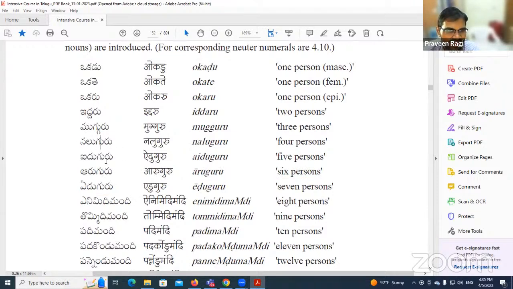Mugguru, Naluguru, Aiduguru, Arguru, Yeduguru. So Moodu becomes Mugguru, Nalugu becomes Naluguru, Aidu becomes Aiduguru, Aru becomes Arguru, Yedu becomes Yeduguru, like that. But Okaru, Iddaru, you need to remember as per the meaning only.